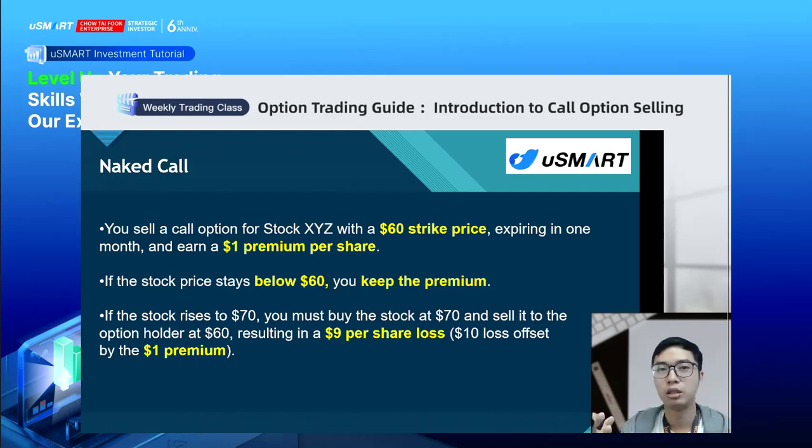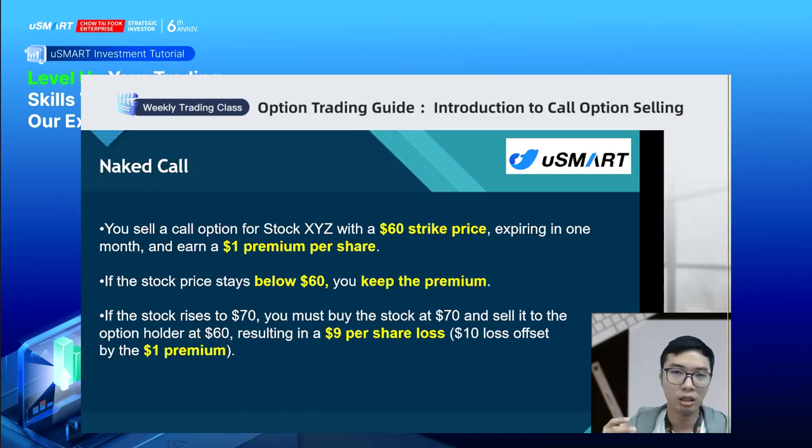So actually, you lose $900 in this case. And why is the risk unlimited? Because the stock price can continuously go up. What if the stock price then goes above $80? Then you'll incur like 1,900, 2,900, and then it goes up again, and again. Your losses keep increasing. So that's why selling naked calls is very dangerous.